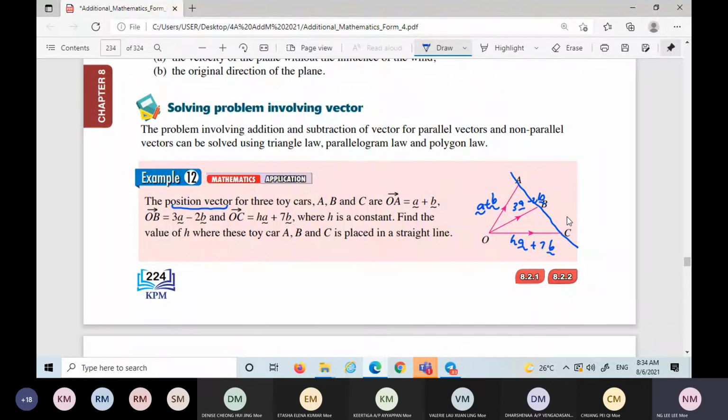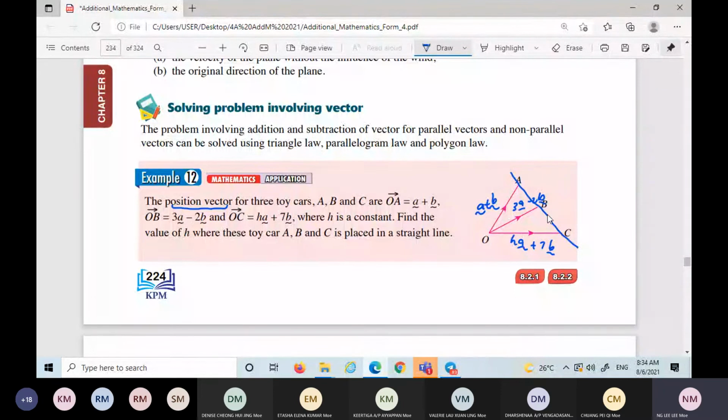If this will form a straight line, it is collinear, what you learned yesterday. What is the condition for collinear? One is they have a common point, yes. The other is they will be parallel. For this I will put AB, BC. You can put AB, AC, or AC, BC, anything.